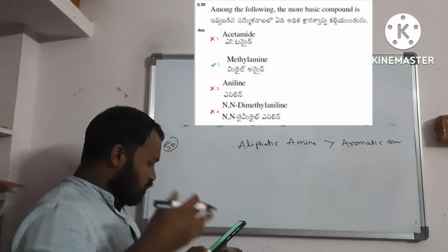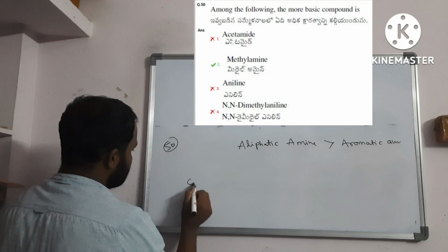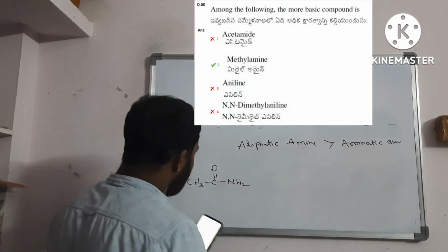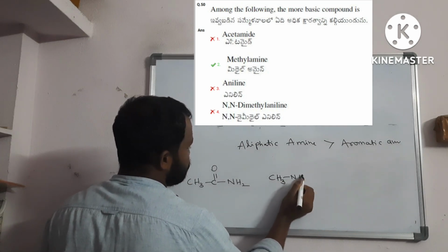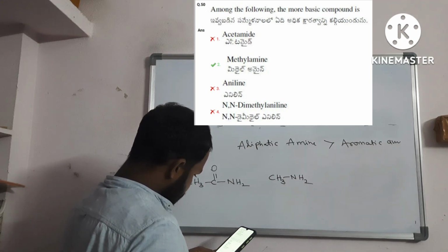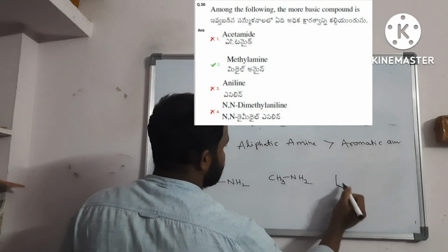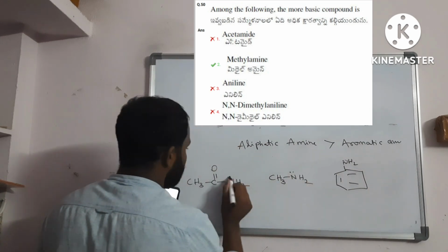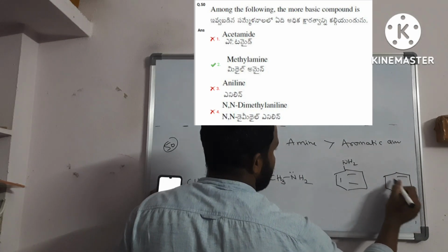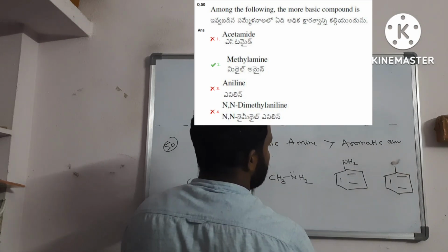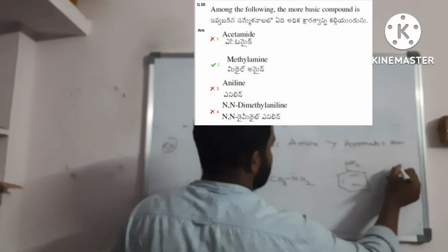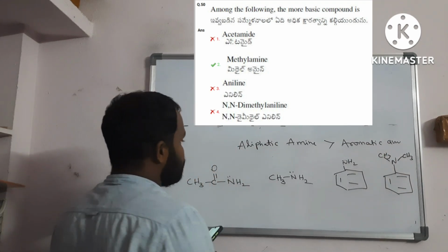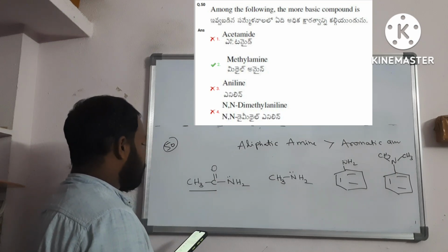So first I will write the structures. First, acetamide, CH3CONH2. Second, methylamine, CH3NH2. Third, aniline, C6H5NH2. Fourth, N,N-dimethylaniline.